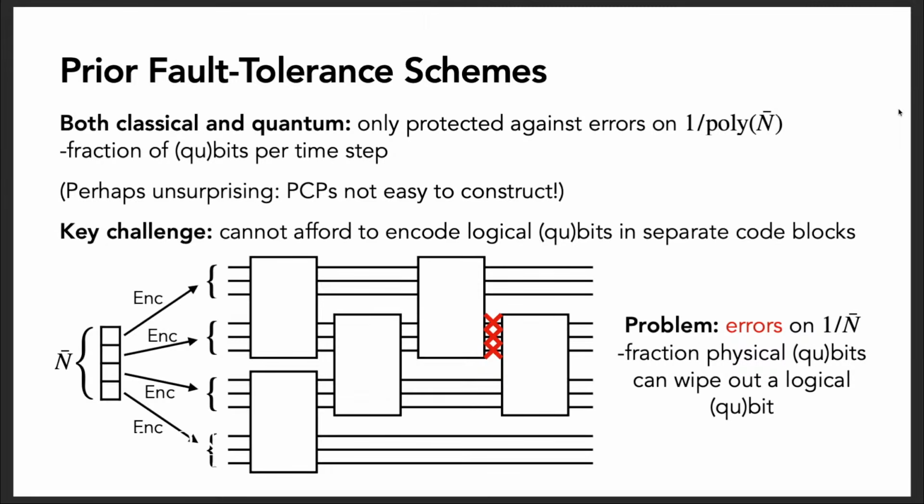This will never work in our setting, because errors on a 1 over the number of logical qubits fraction of physical qubits, on just a single code block, can totally wipe out a logical bit or a logical qubit. And this means that you can always get the wrong answer. So we really will need to encode all of our bits or qubits into a single or a small number of code blocks. That's kind of just a teaser of what's to come, but maybe we can break for a minute or two.